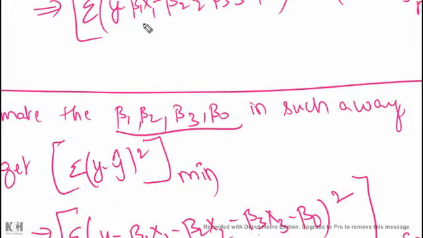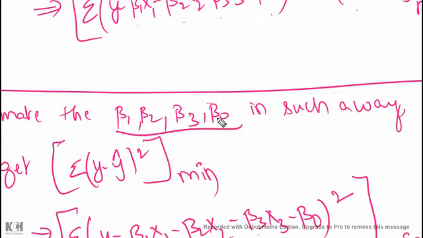Similarly, here also substitute the same beta 1, beta 2, beta 3, and beta naught, but this time, instead of only this one being minimum, overall, including this term, it should be minimum. That is the difference between both of them. Got the point? In this case also, we are calculating beta naught, beta 1, beta 2, beta 3 only.